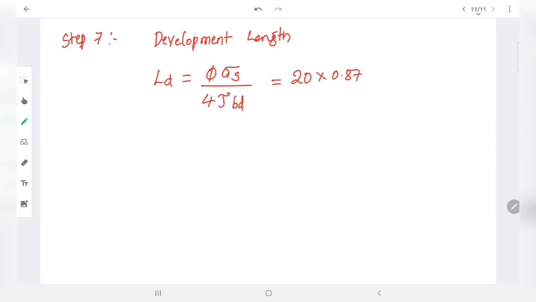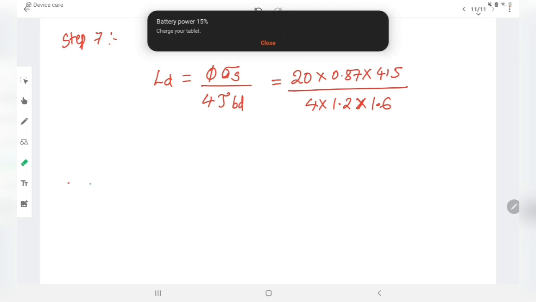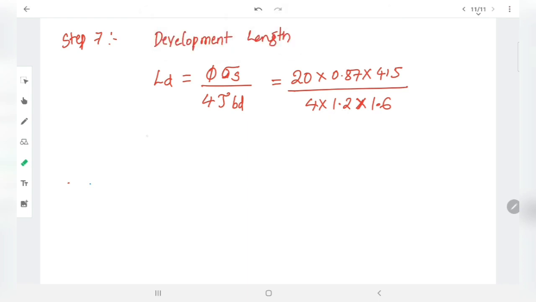Sigma s is nothing but 0.87 into the grade of steel, that is stress in the steel, 4 into tau BD. From the table which is there in IS 456, I will be taking the tau BD value, that is 1.2, and it says that if we are using HYSD bars, this value, whatever 1.2 value is there, should be increased by 60%, means need to multiply with 1.6.